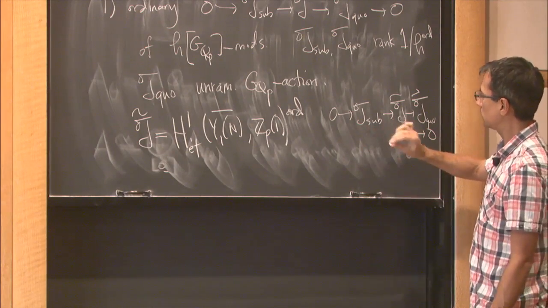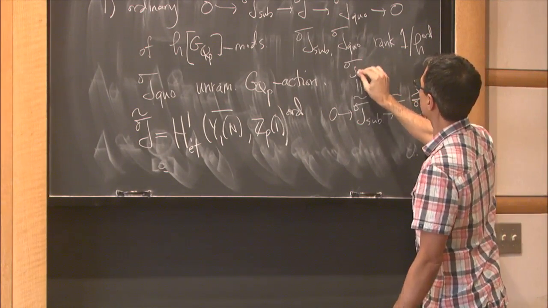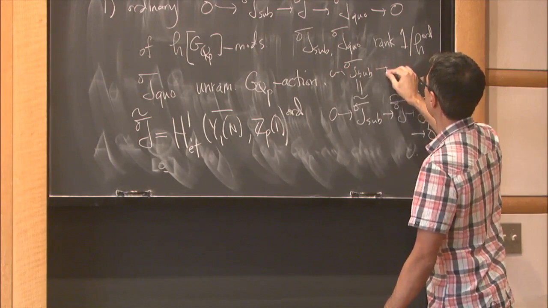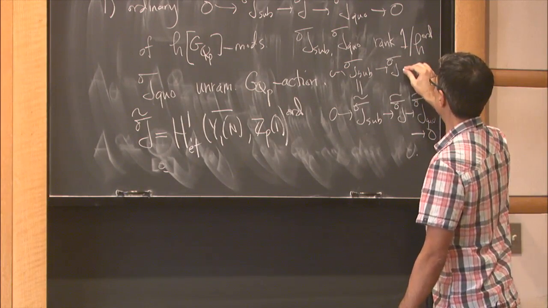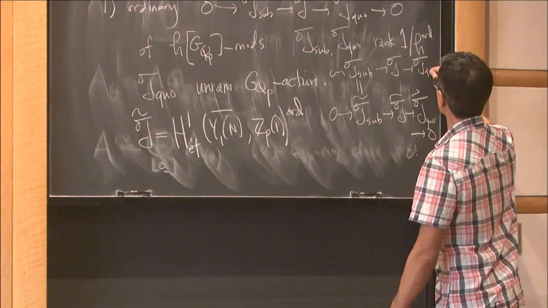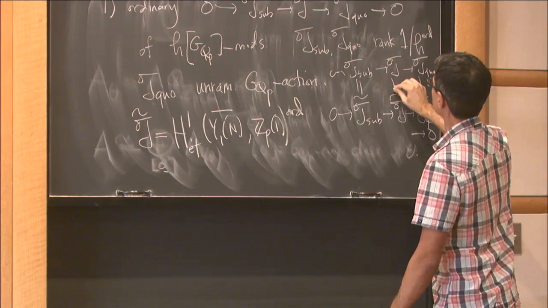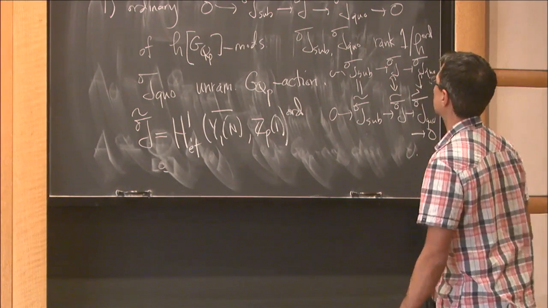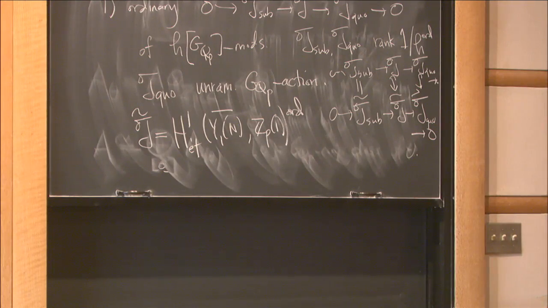This T sub is really the same T sub. The T sub is the same, but the quos are different. So the submodules are the same, the quotient parts are different.